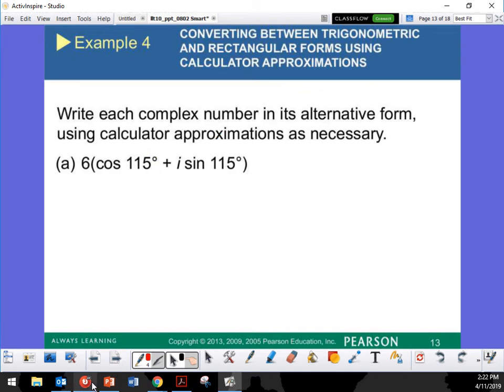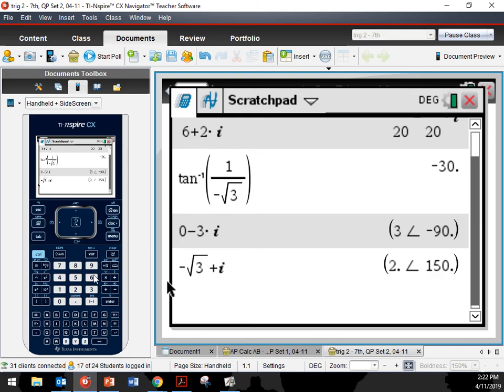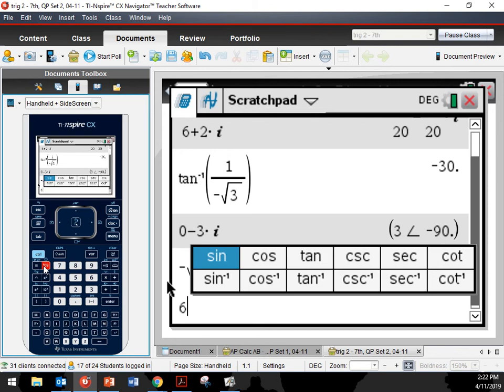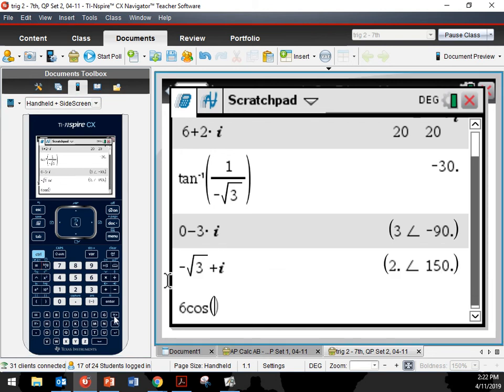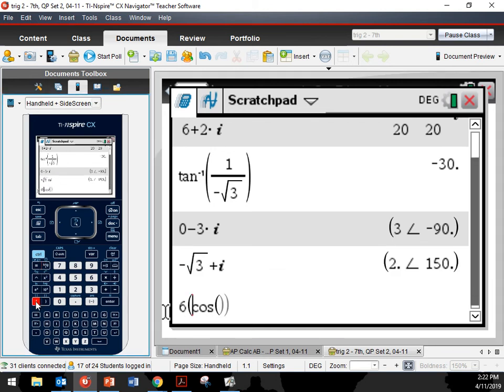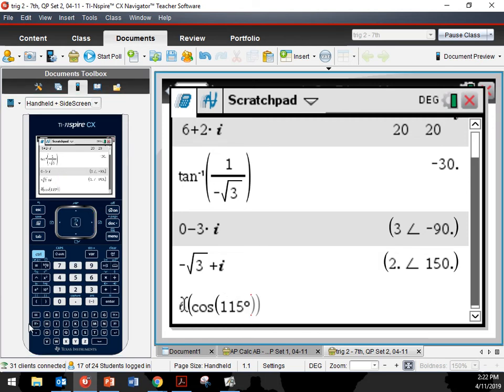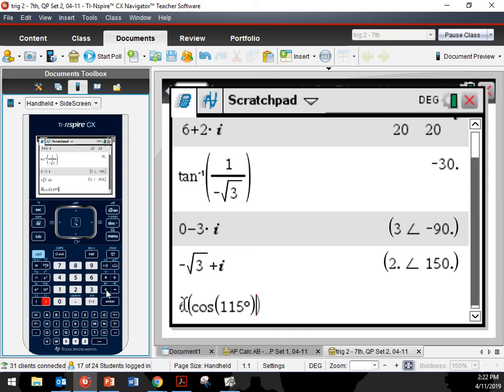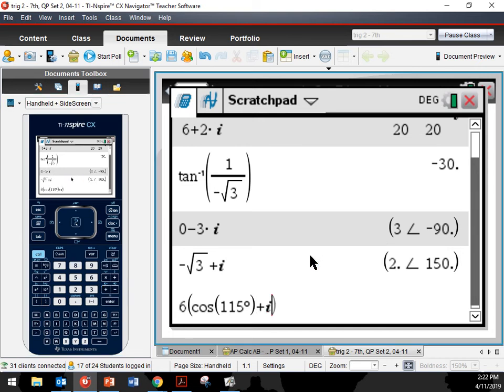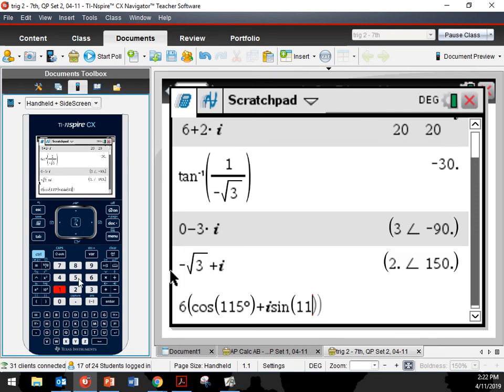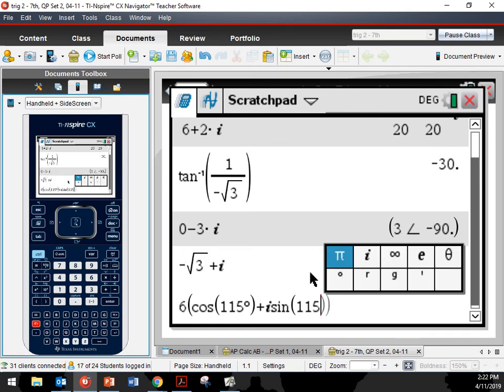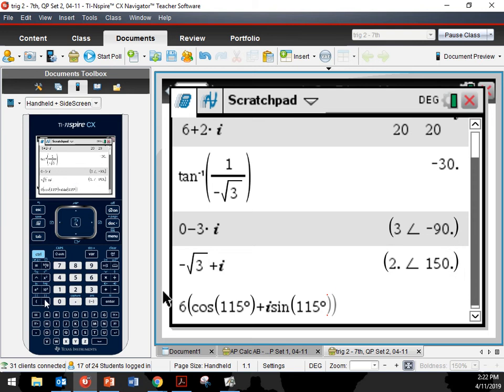So I'm going to plug in 6 cosine 115, 6 cosine, open parentheses here, 115 degrees, close, plus I sine 115 degrees.